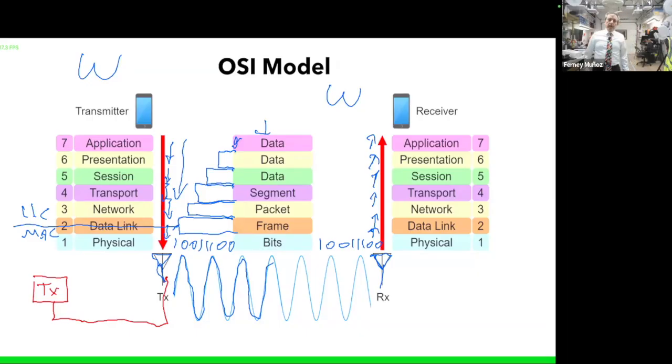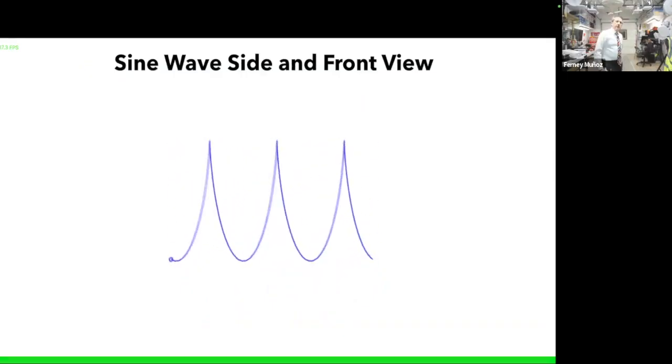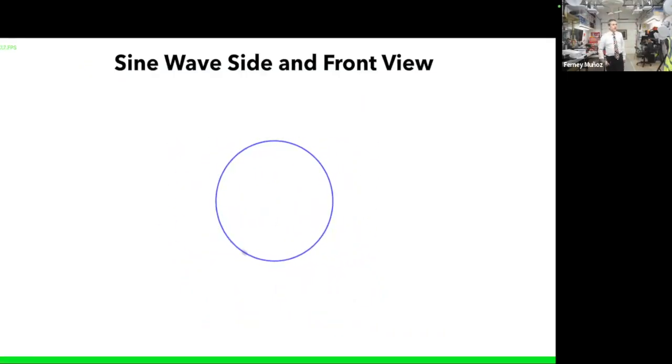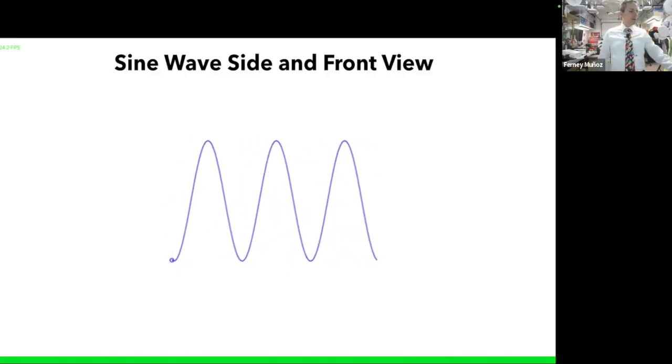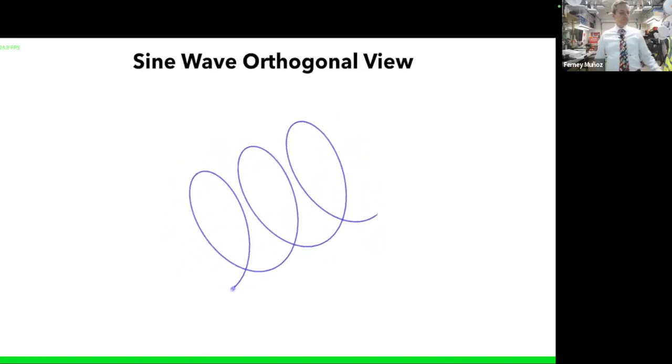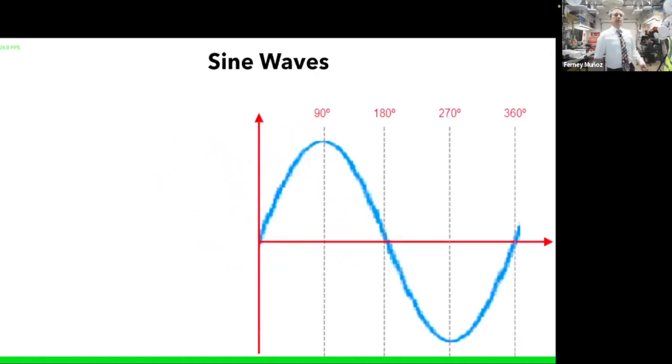Waves, waves, waves. That's what we're doing with these transmissions. Since it is waves we're talking about, and it's sine waves, then let's spend some time talking about waves. These waves have certain characteristics.